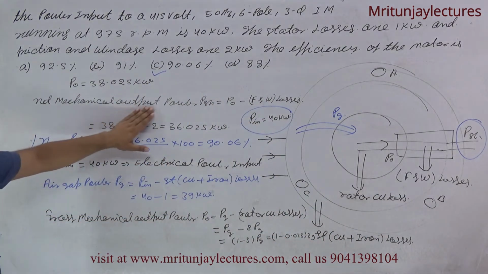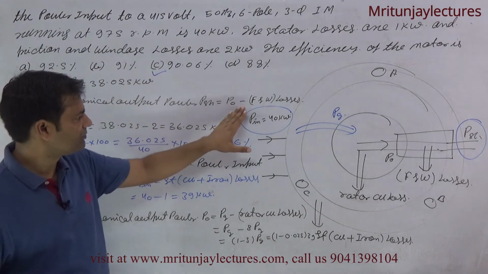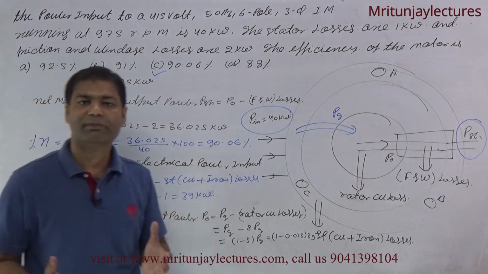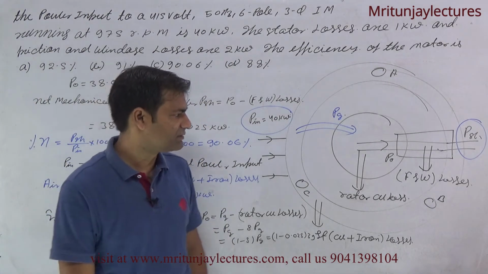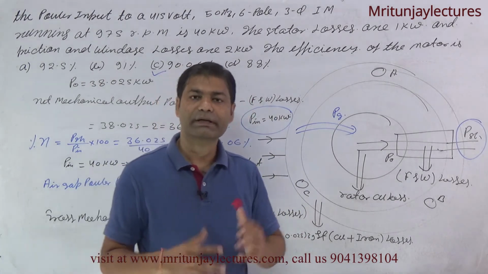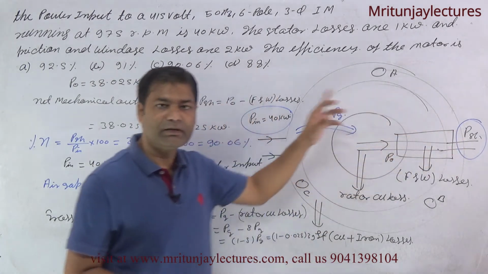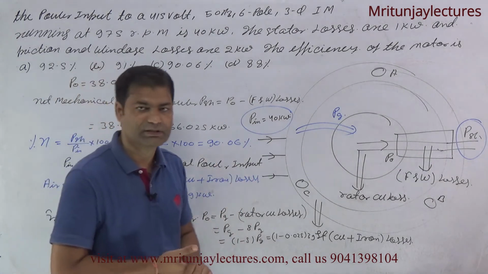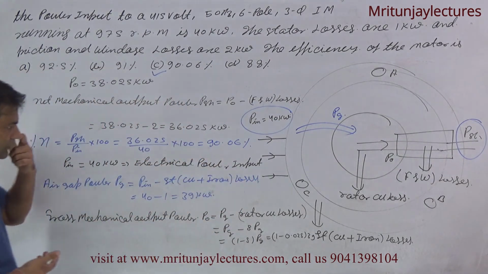Finally we got the answer. So our motto is to determine efficiency. Efficiency is always defined as net output power divided by input power into 100, that is called percentage efficiency. Okay, make it.